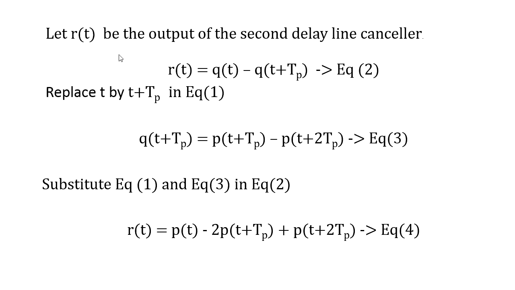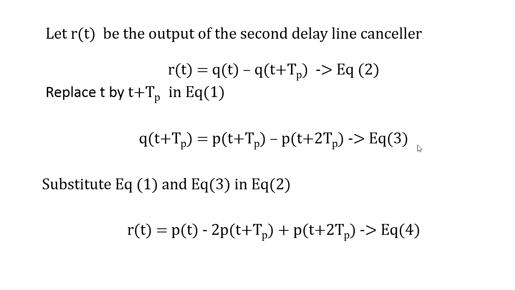Similarly, let R of T be the output of the second delay line canceller. The output of the double delay line canceller can be written as R of T is equal to Q of T minus Q of T plus TP. This is equation 2. In the first equation, I will replace T by T plus TP. So Q of T plus TP is equal to P of T plus TP minus P of T plus 2TP.